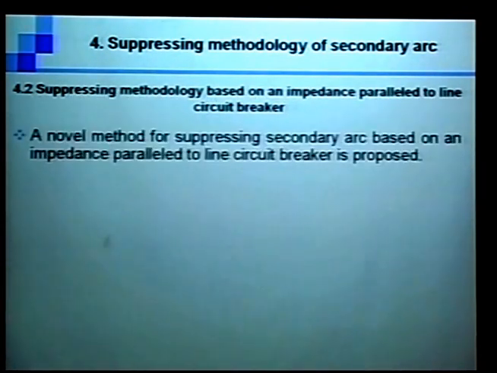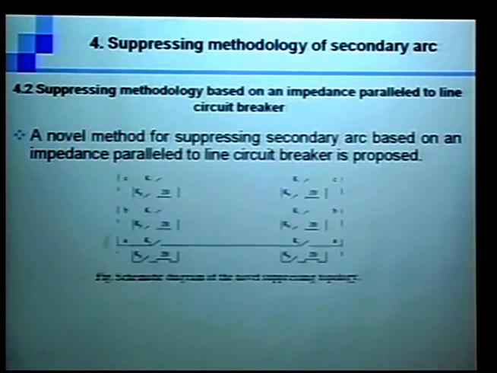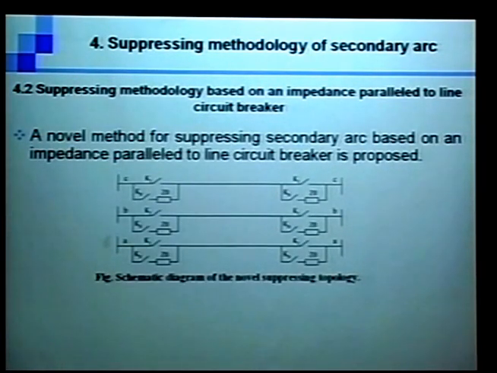And the second one, I just gave you a figure here. It's a novel method we have proposed, and the paper has been published in an international journal, the European Transactions on Electrical Power, ETEP. The method means that we just put an impedance parallel to the line circuit breaker. For conventional transmission lines, normally a four-legged inductor is used, but now you have no four-legged inductors.